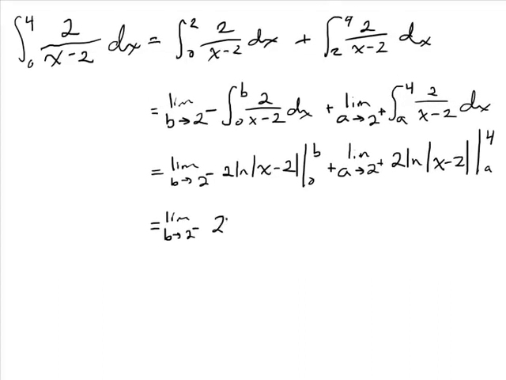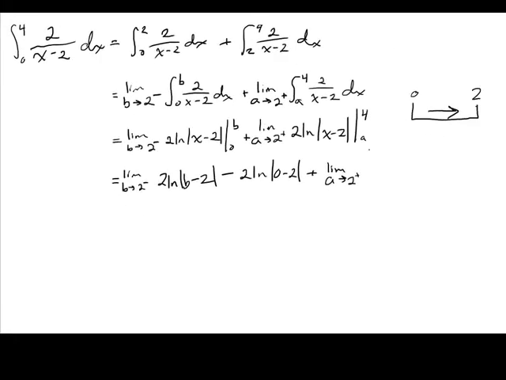So we have 2 natural log of the absolute value of b minus 2, minus 2 natural log of the absolute value of 0 minus 2, plus the limit as a goes to 2 from the right of 2 ln of the absolute value of 4 minus 2 minus 2 ln of the absolute value of a minus 2.